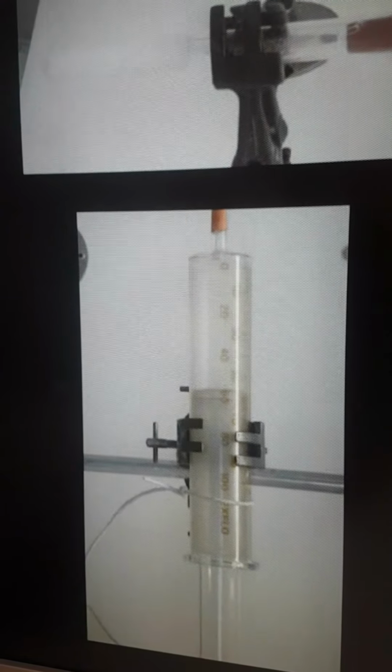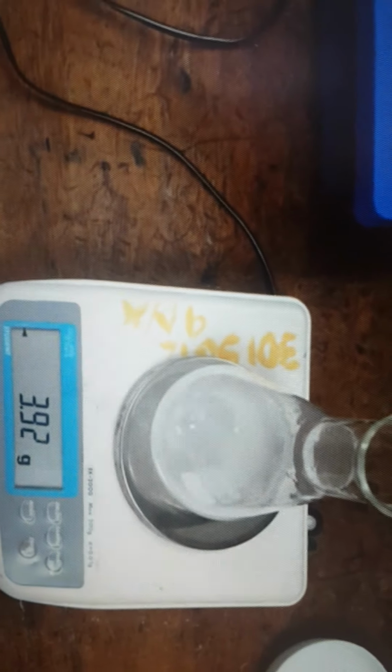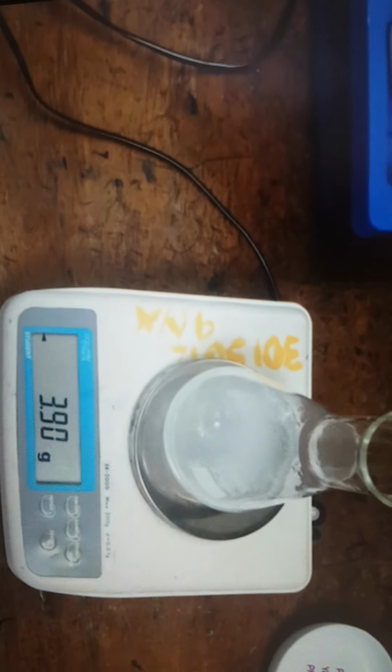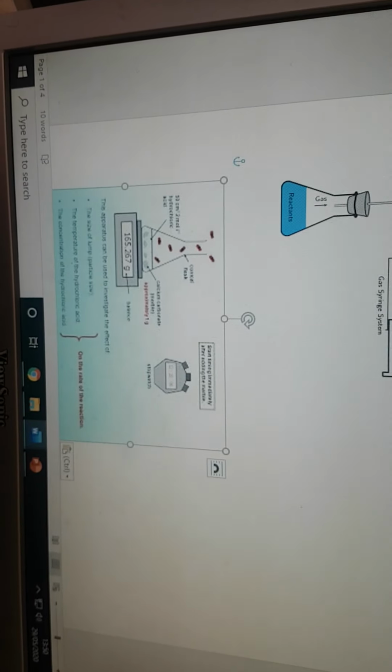Right, gas syringe is very straightforward. You have a reaction going on in a boiling tube that's connected to a gas syringe. You collect and measure the volume of gas produced. Sorry if it went out of focus for a second there. Now, another possibility is don't even bother connecting to a gas syringe, just carry out the reaction on a balance, and provided a gas is produced, it will gradually lose mass.